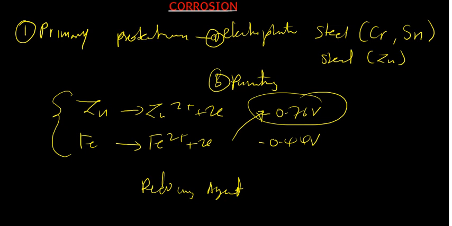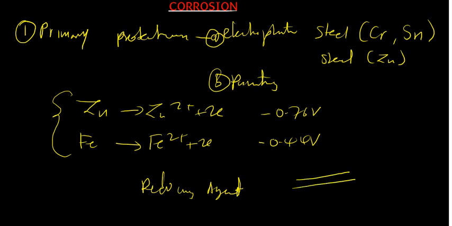Because of this, if we coat iron with zinc, let's say this is an iron bar, and then we put zinc all around it, we coat it with zinc. So when this reacts with oxygen and water, instead of the iron being converted into iron 2+ and 2 electrons, first the zinc will have to be converted into zinc 2+.